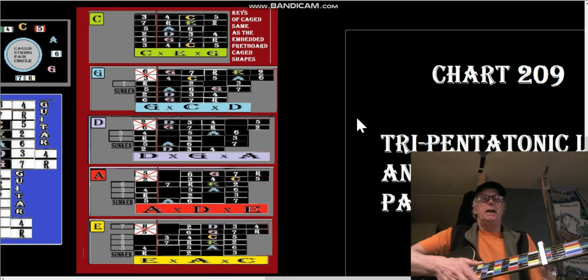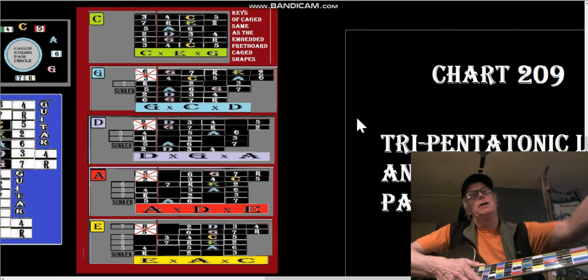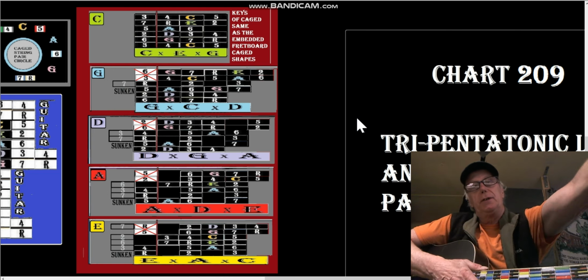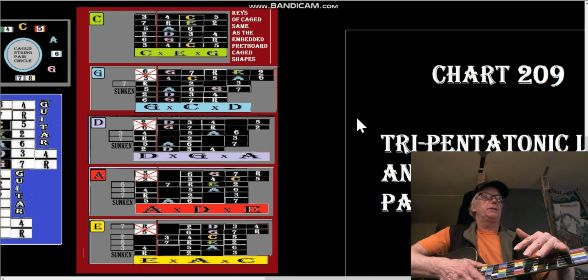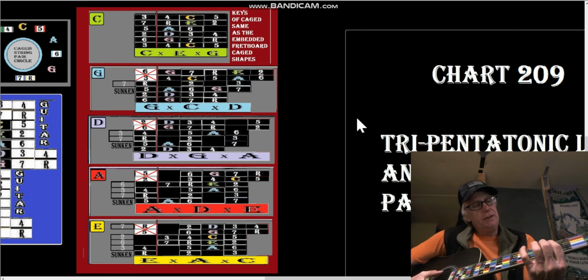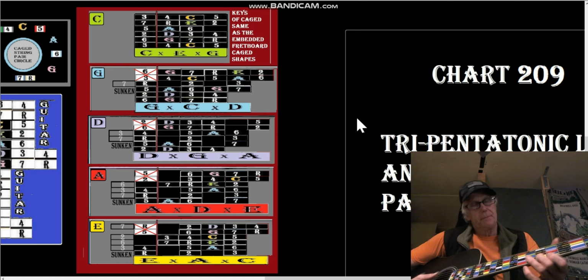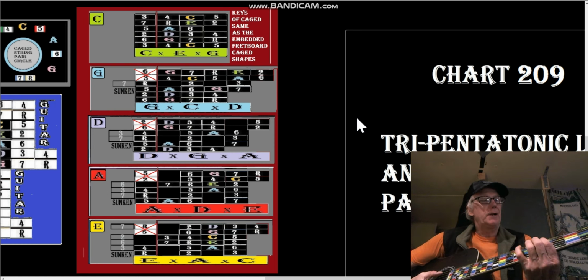Okay, now the problem is if we want to play the diatonics, we obviously just played the chords, but if we want to play those diatonic scales in the shape, C is fine. Okay, A, we'd have to do something different, right?